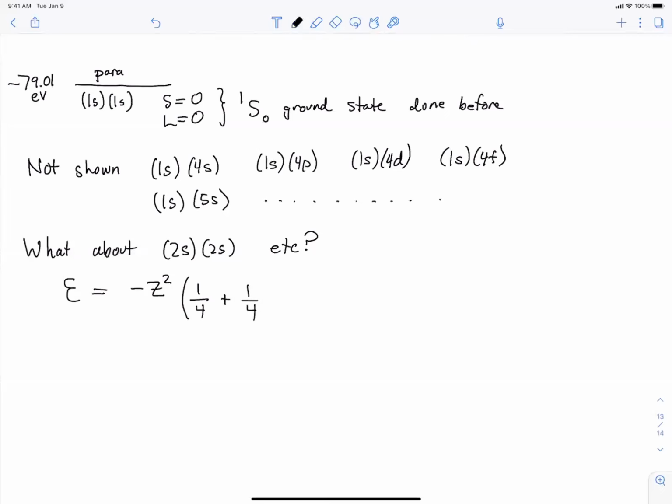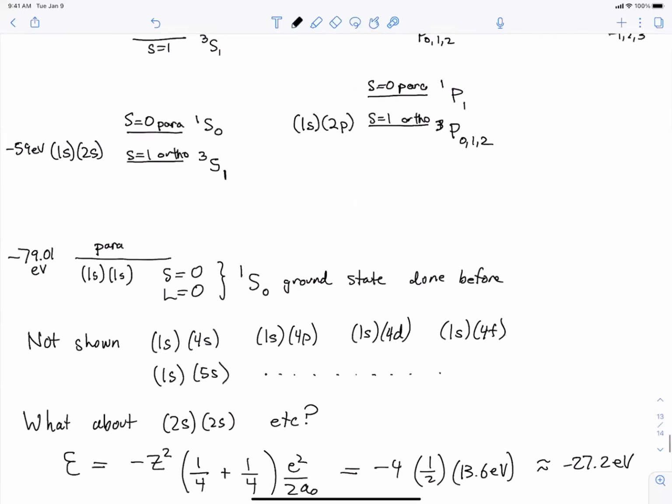They're both in the n equals 2 state. Then I just do the arithmetic: this is minus 4 times 1/2 times 13.6 electron volts, which is about negative 27.2 electron volts. So that would be roughly the energy of that state.